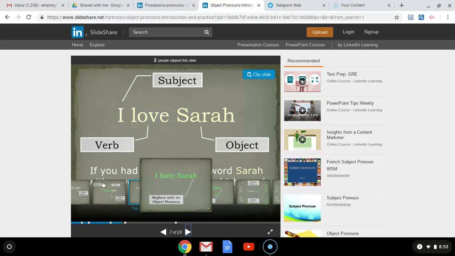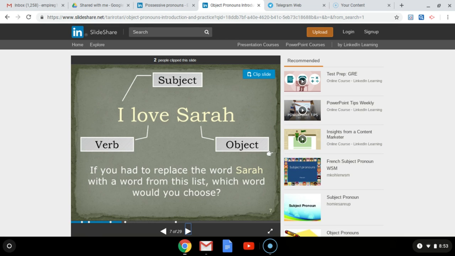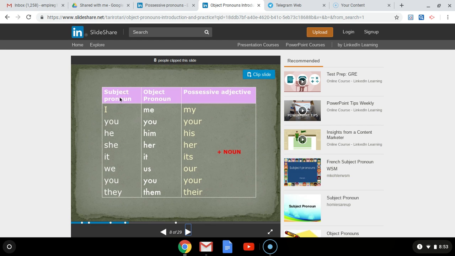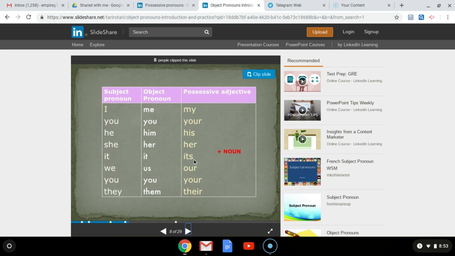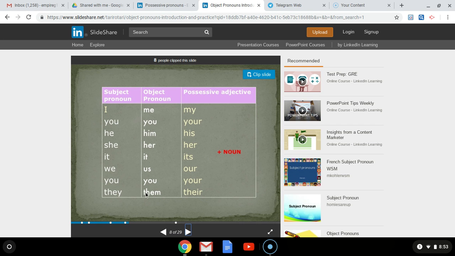If you had to replace the word Sarah with a word from this list, which would you choose? So let's check the words. These are subject pronouns, these are object pronouns, and these are possessive adjectives. Remember, this is only the list of object pronouns.